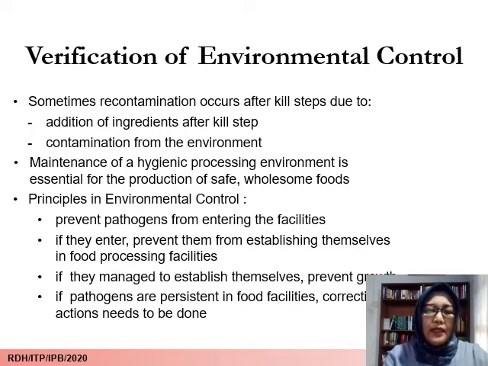The principles in environmental control include preventing pathogens from entering the facilities. If they enter, prevent them from establishing themselves. If they manage to establish themselves, prevent them from growth. But if pathogens are persistent in a food facility, corrective actions have to be done.